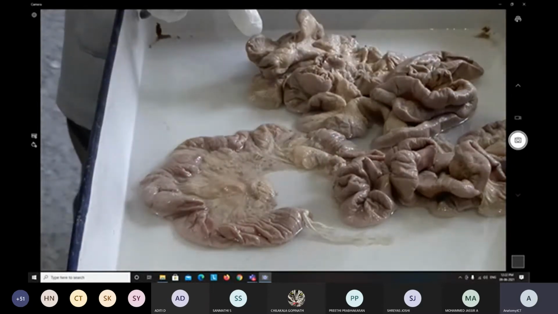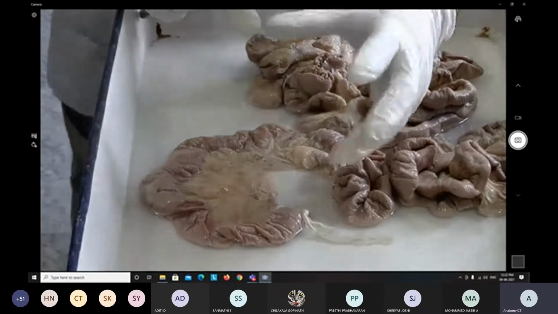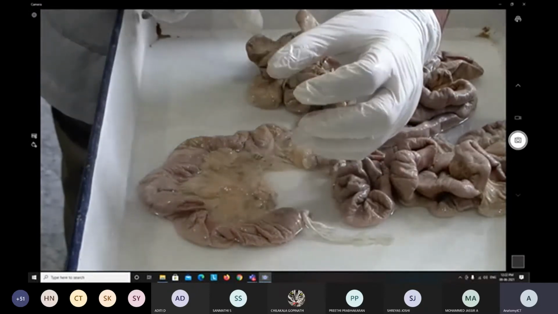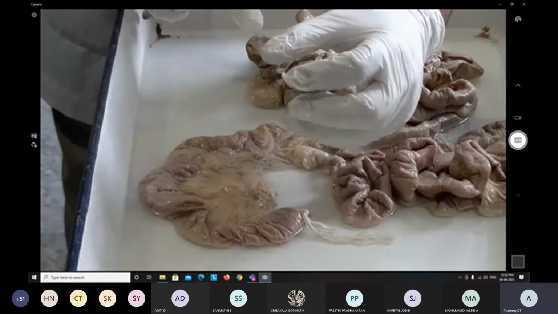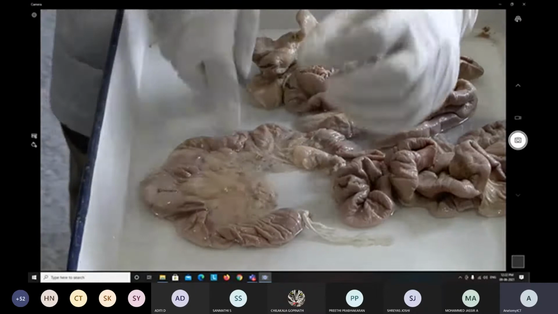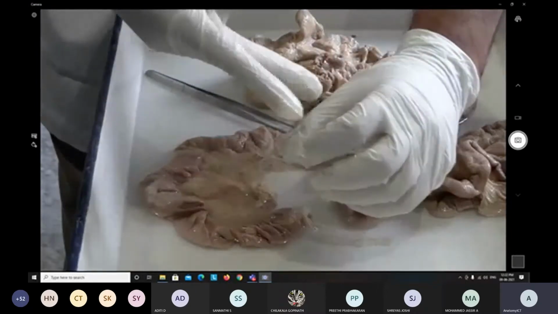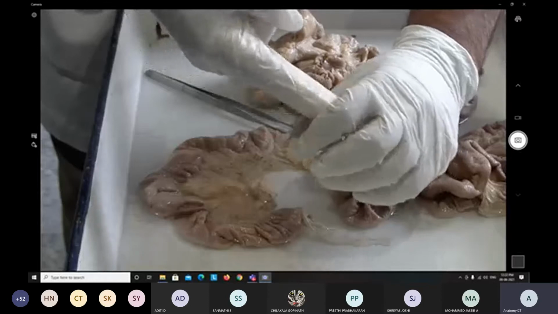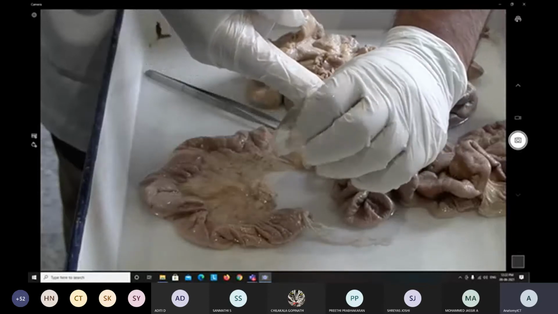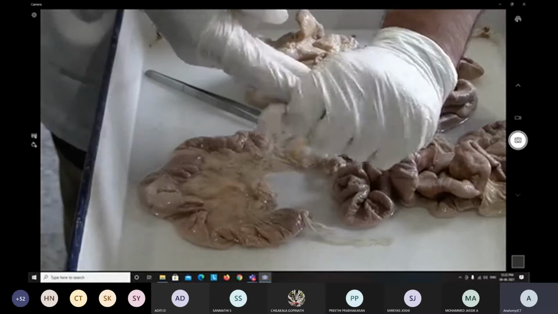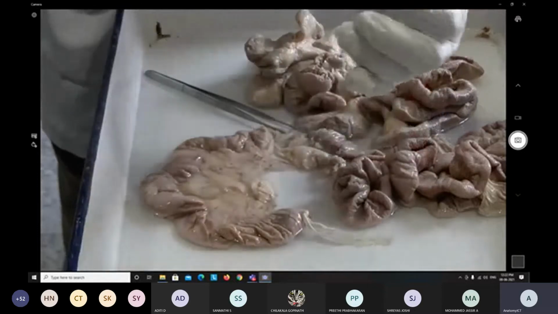That is called the ampulla of Vater. The ampulla of Vater is a muscular modification, a valve, guarded within the muscular wall of the intestinal wall. Whenever these two ducts, the pancreatic duct and the bile duct, pierce the intestinal wall, they are guarded by a muscle layer like this, so slowly the contents open out.